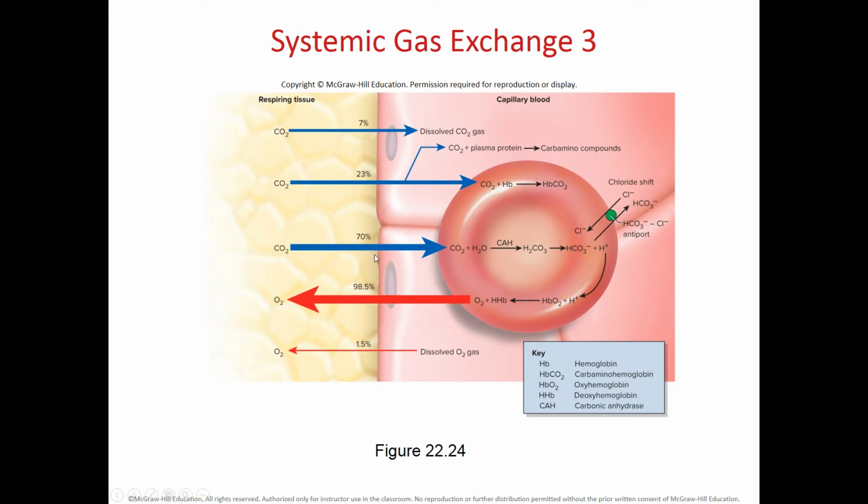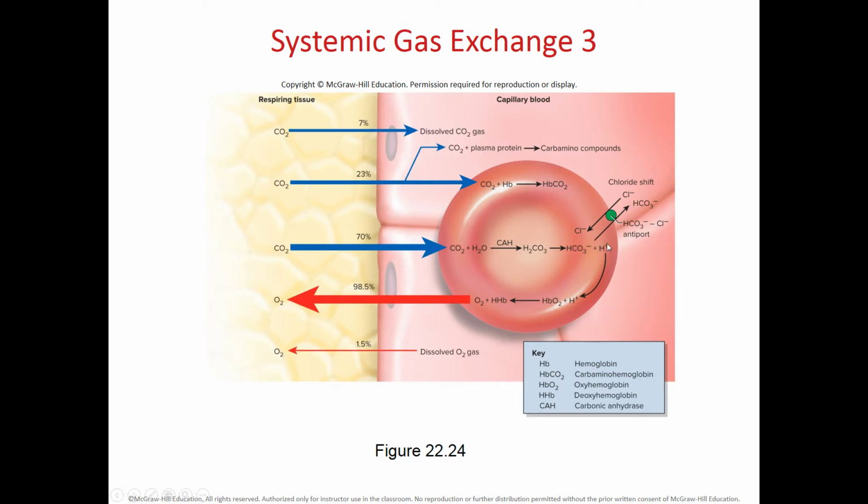And also 70% of the CO2 that was generated will go into the erythrocytes. But instead of forming carbaminohemoglobin, as you saw on the top, it will combine with water through the action of CAH, or carbonic anhydrase, to form carbonic acid. Later on, this carbonic acid is converted into bicarbonate ions and hydrogen ions.